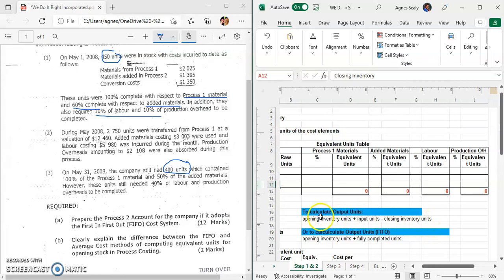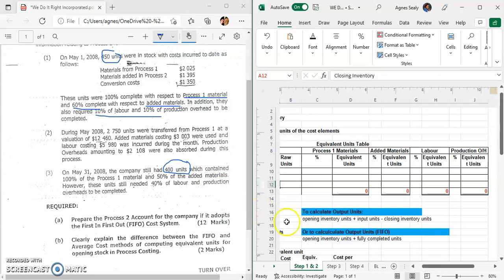This is if this information is available to you. If the question gives you opening inventory units, input units, and closing inventory units, you can use all three of those figures to work out your output units. So in this case, opening is 450, input is 2750, and closing is 400.